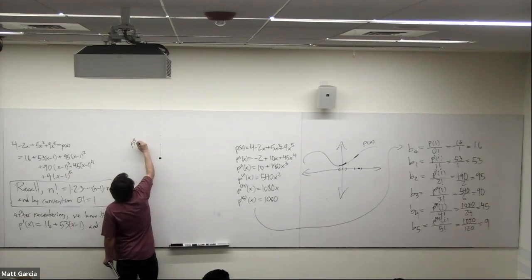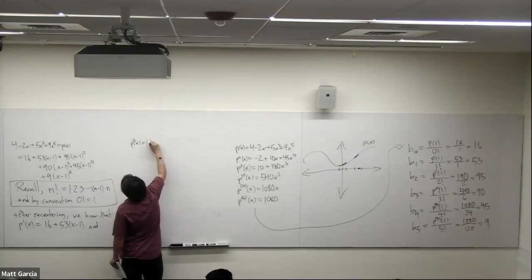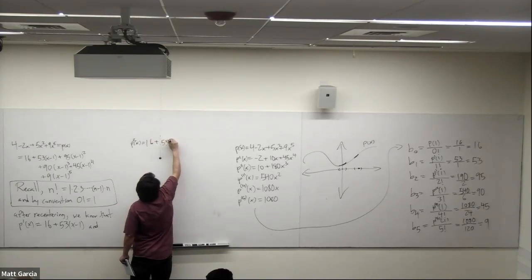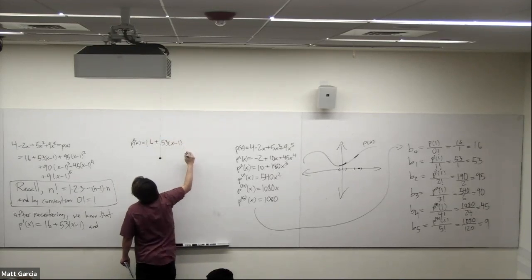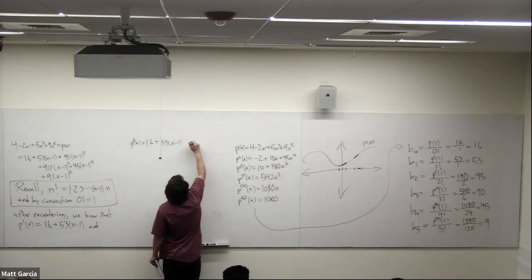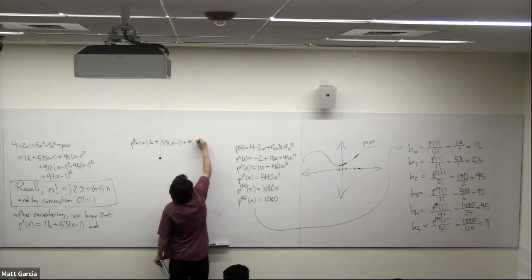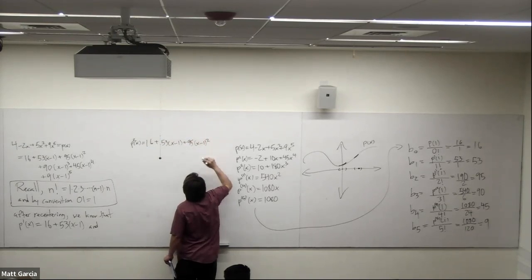P2 of X is 16 plus 53 times (X minus 1), plus 95 times (X minus 1) squared.